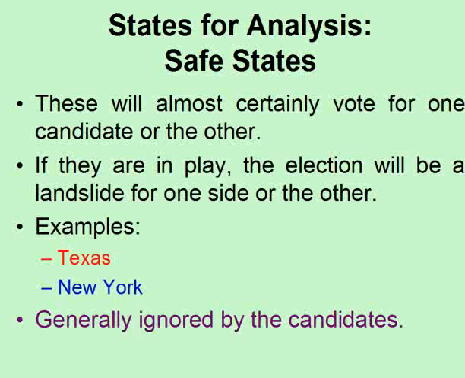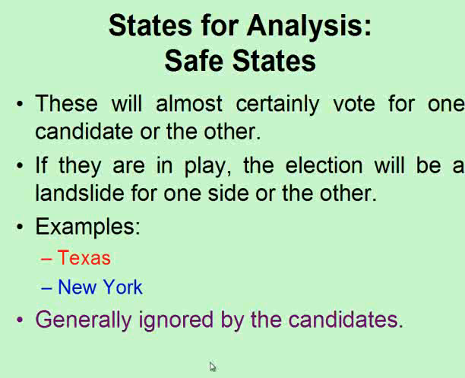It happened in 1984 and in 1972, but again, if New York casts its electoral votes for a Republican candidate, that means the election isn't competitive. In fact, if New York is competitive, it means the election is not competitive. So while these can cross over, they're pretty much non-factors in electoral politics.